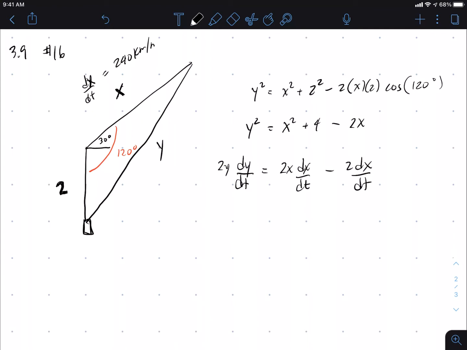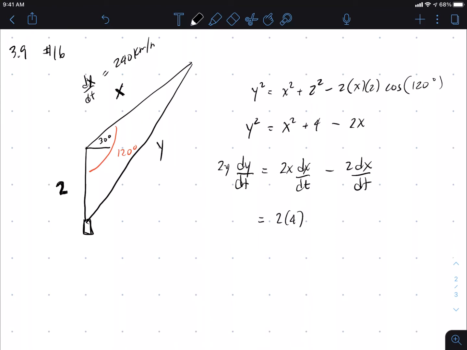Well, we know it goes 240 kilometers in an hour. So how do we find out how much it does in 1 minute? Divide by 60. We have to divide by 60. And when we divide by 60, that gives us an x of 4, correct? Mm-hmm.